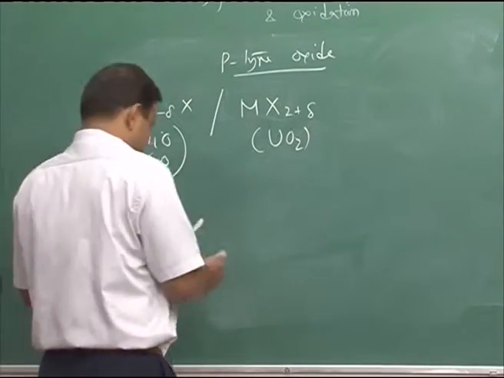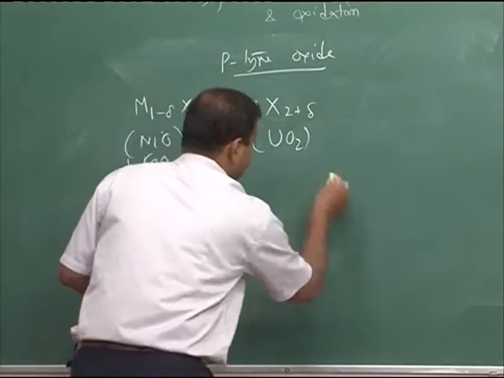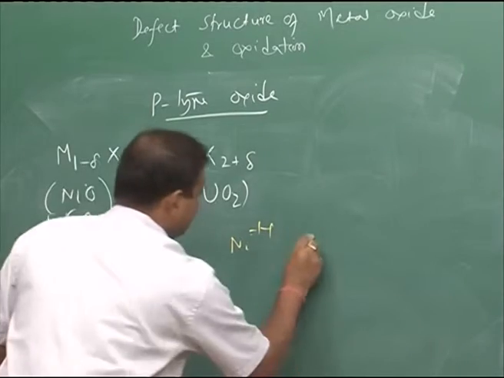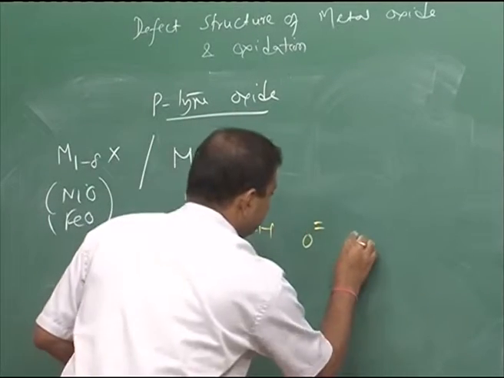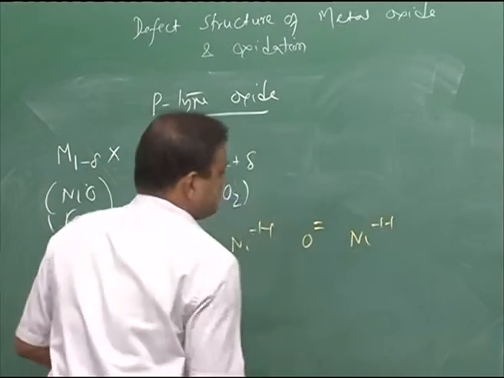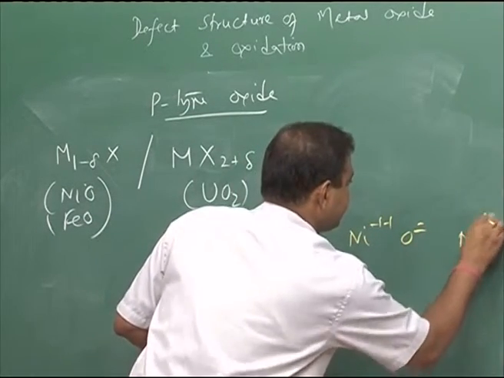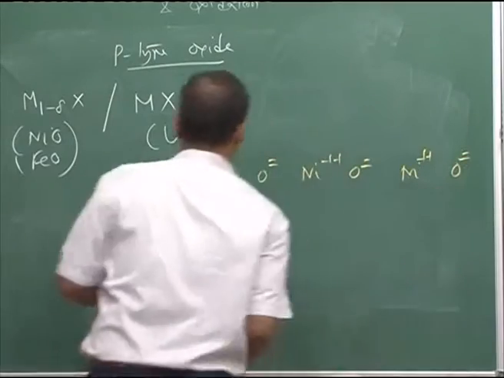Let us see that. In that case we have NiO, Ni plus plus, O minus minus, Ni plus plus, O minus minus. So, let me draw the full structure.